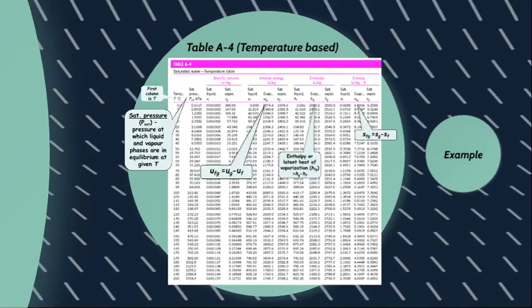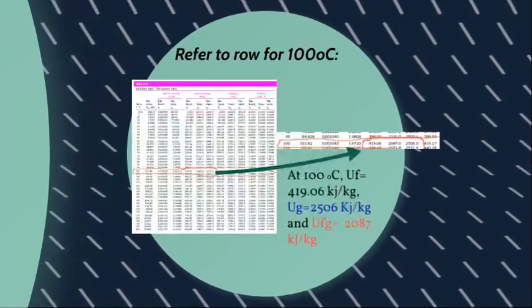Okay, let's give a try for this problem. Let's say I'm referring to 100 degrees C right now. Can you identify the internal energy of saturated liquid, saturated vapor, and evaporation for this temperature?